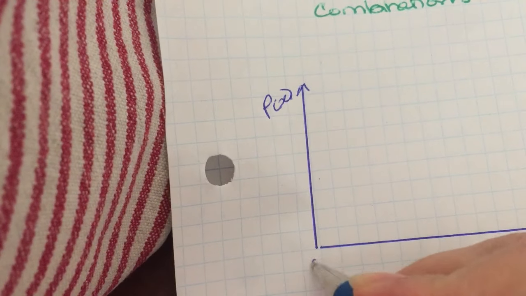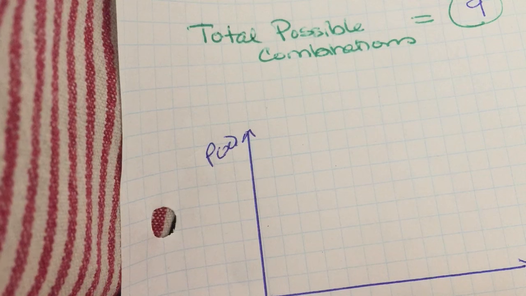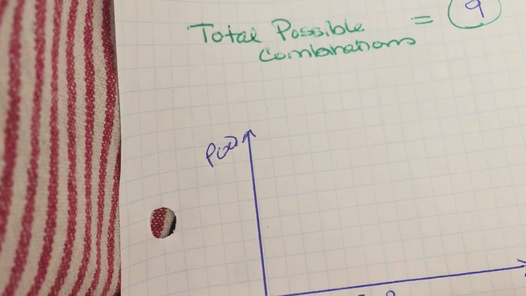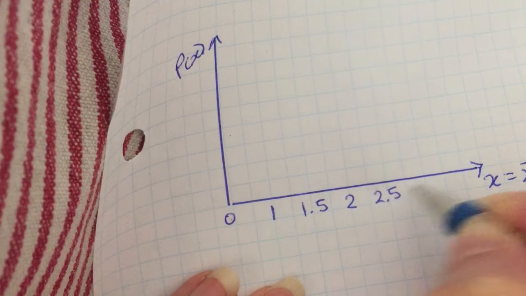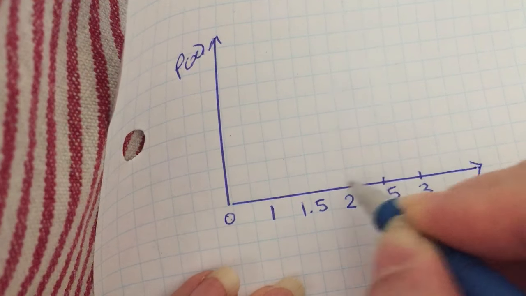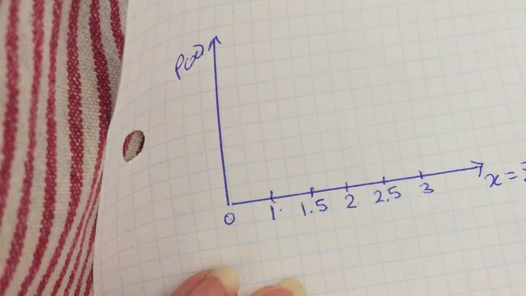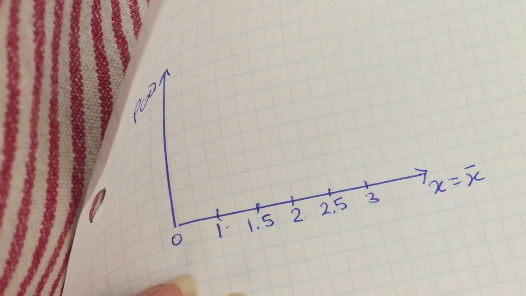These all go into my distribution. So I just start off at 0, and I go to 1, 1.5, 2, 2.5, and 3. Okay? 1, 2, 3, 4, 5 possible means that I have here. This is the mean.